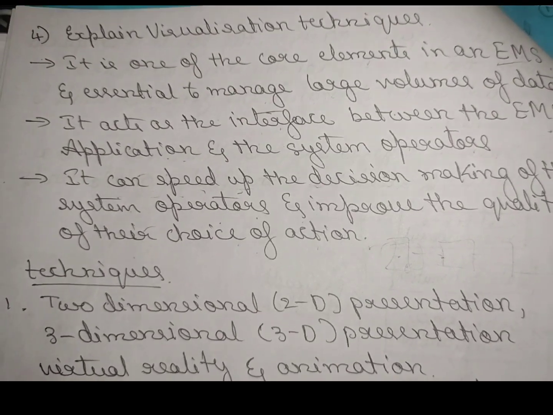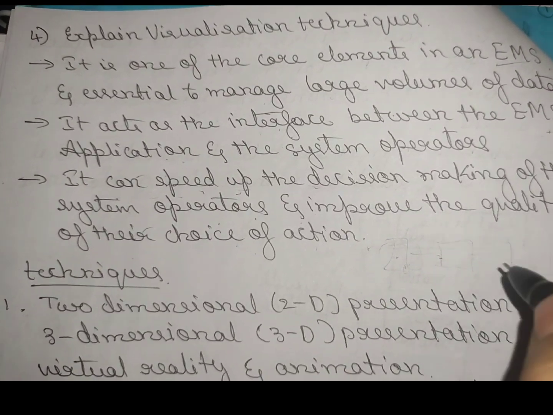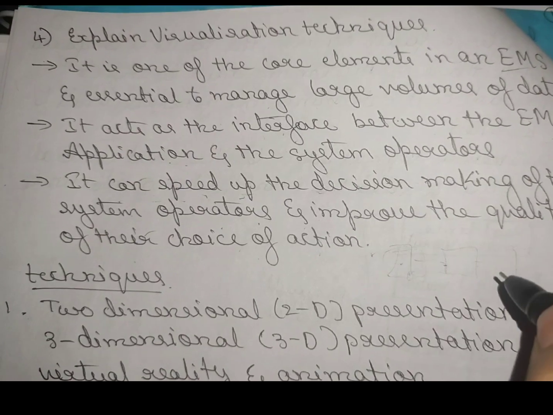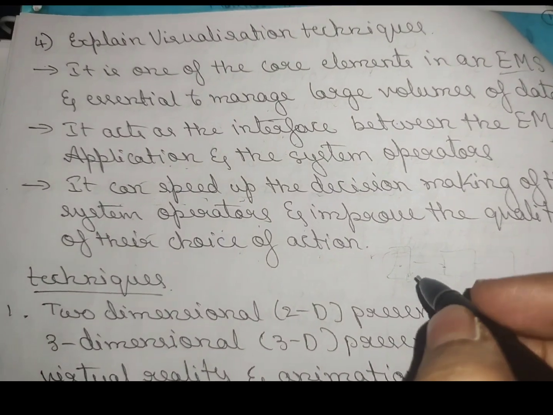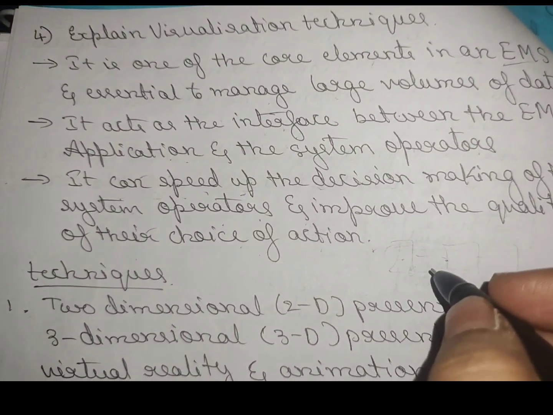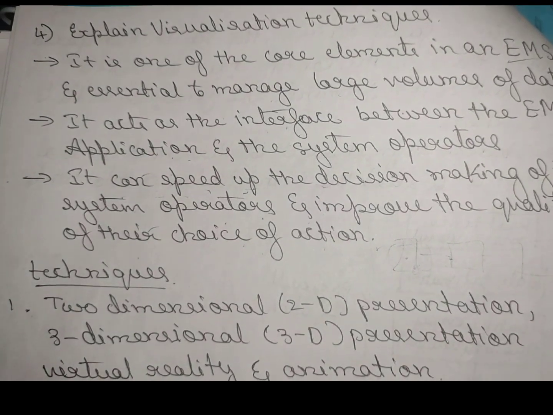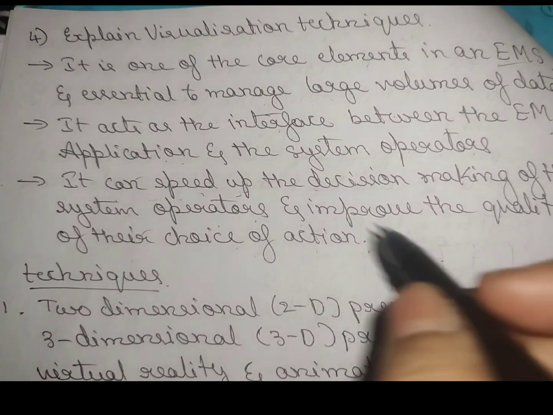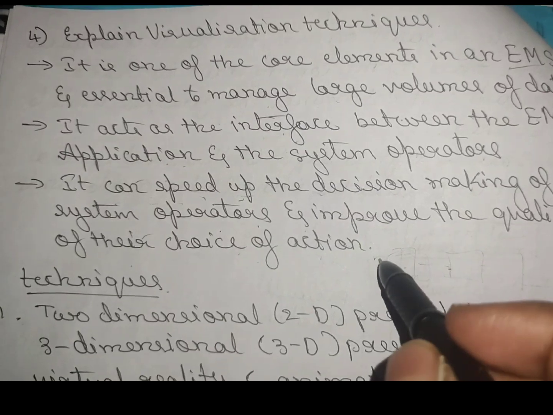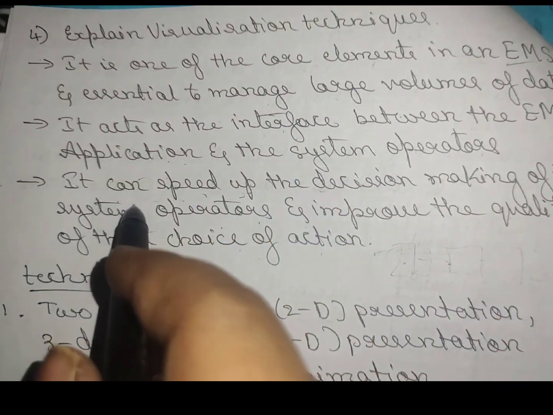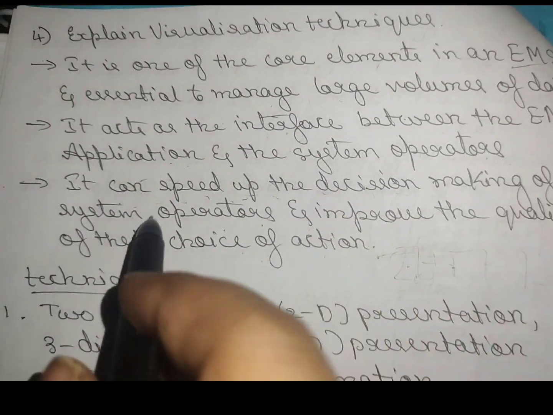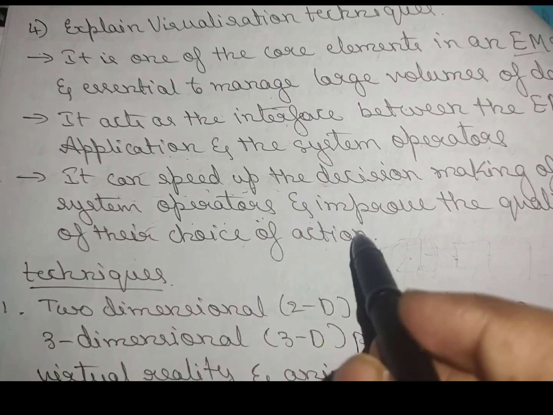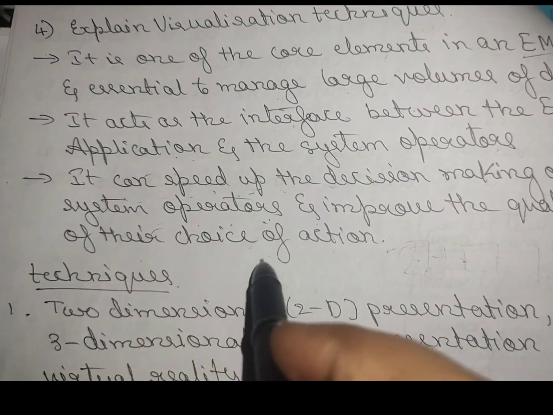That should be known to the operator. The operator will come to know that a circuit breaker has been tripped, so he should take some action depending upon what the fault is.